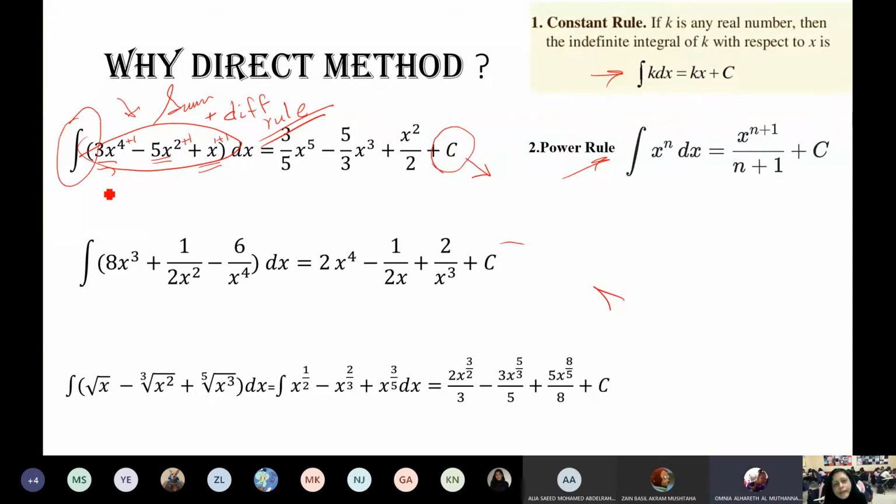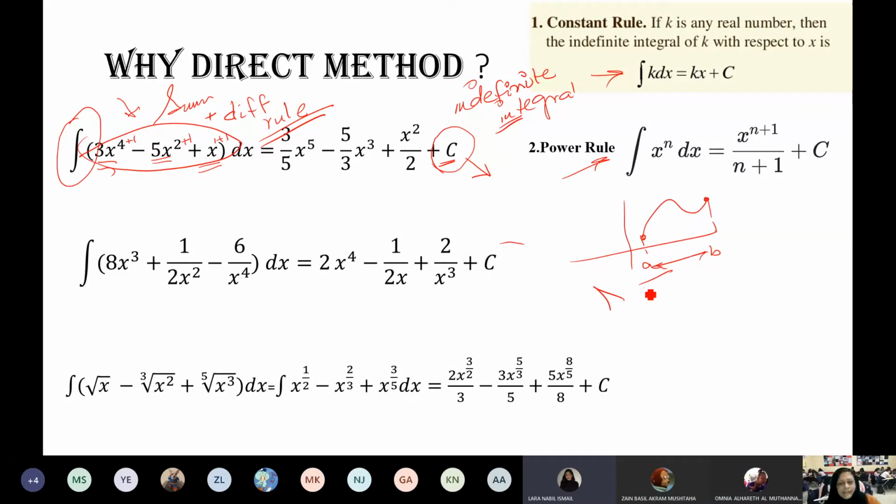Very good. So whenever you have indefinite integrals, we add C. Why do we write the plus C? Miss, because it doesn't have an end and it's a constant. Yeah, constant. Exactly, we use it because it doesn't have the boundaries. Exactly. Very nice.